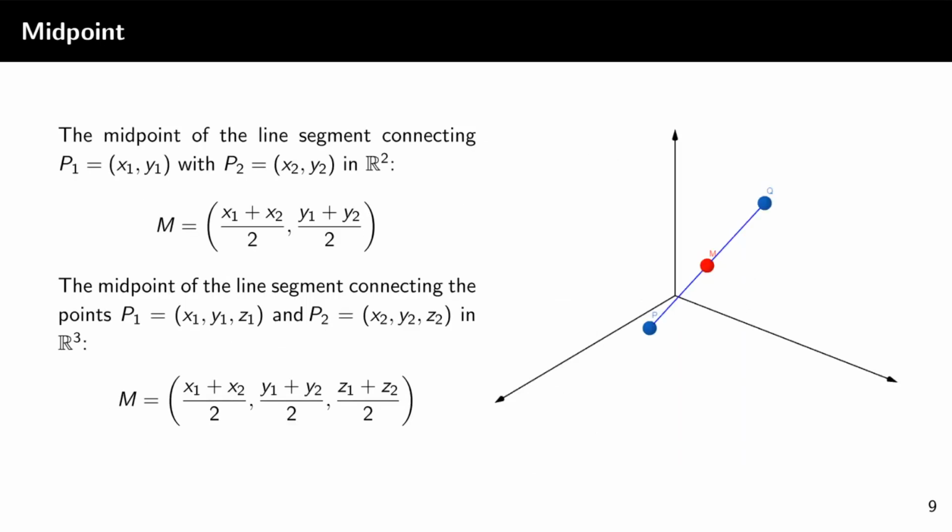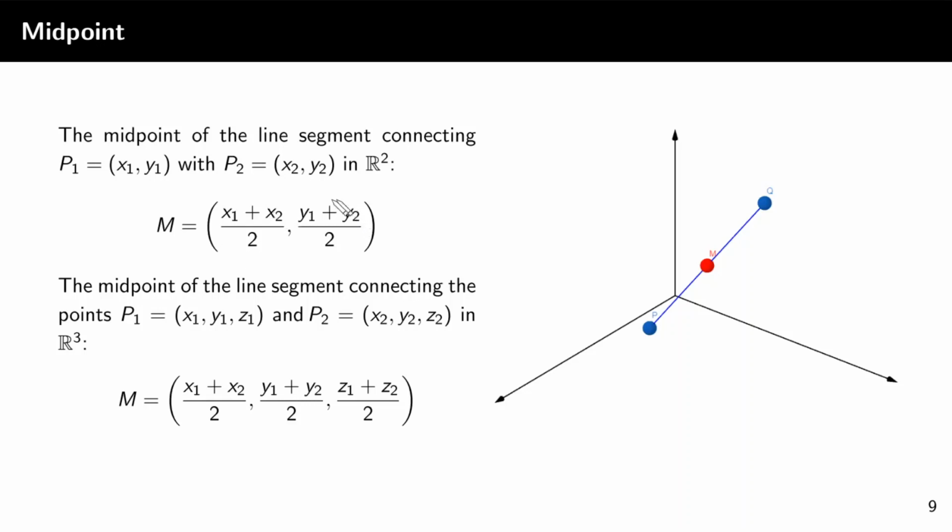Okay. So another formula that we will extend to R3 is the midpoint formula. The midpoint of the line segment connecting P1, which has coordinates x sub 1 and y sub 1, and P2 with coordinates x sub 2, y sub 2 in R2, these are just the coordinates of the midpoint.